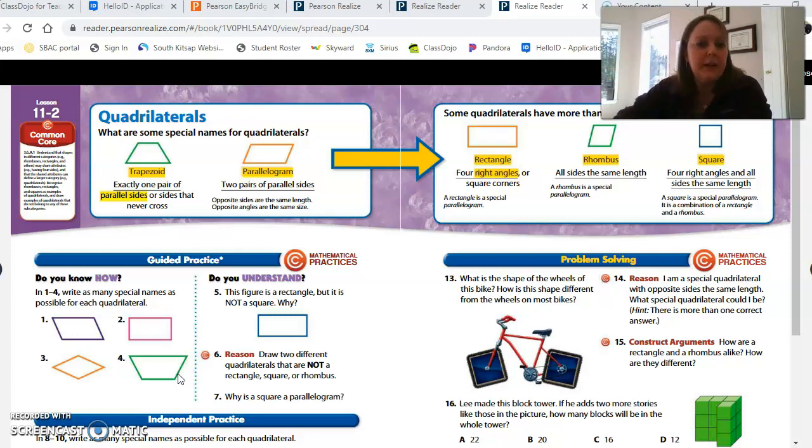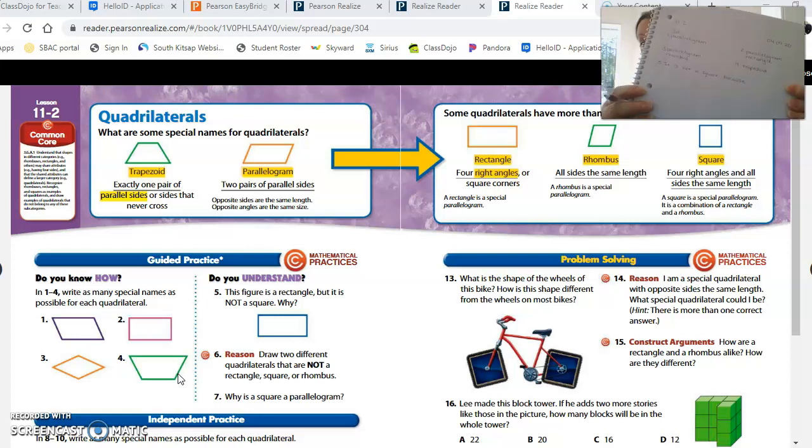Do I understand? This figure is a rectangle, but it is not a square. Why? I'm going to look at that and think for just a few seconds while you're thinking, why is that not a square? Now I'm going to write a complete sentence.